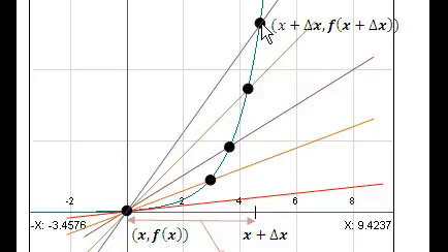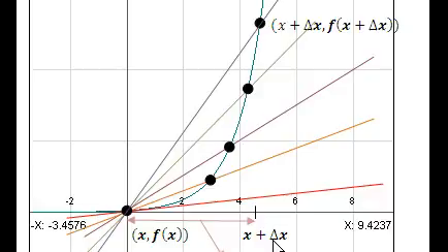Then we've got this other special point up here, x plus delta x, f of x plus delta x. What I mean by delta x is that if my x is here and delta x is some number, we're going to add it to x. So x plus some number, and that number is delta x.